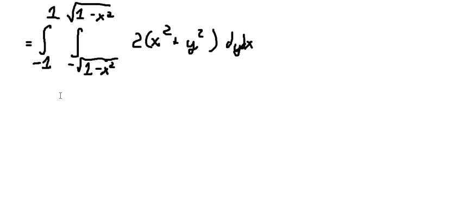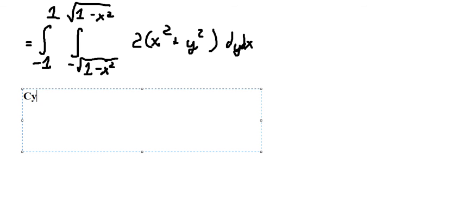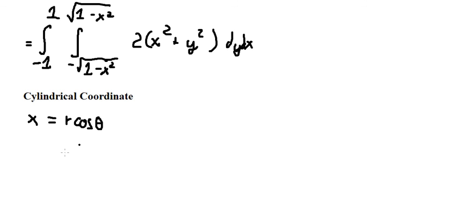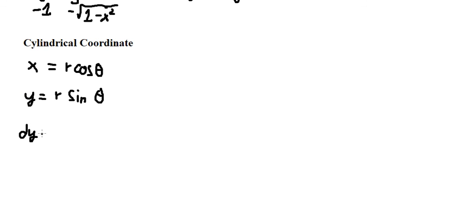Now for the next one, we need to use cylindrical coordinates. So we use x equals r cosine theta, y equals r sine theta, and dy dx equals r dr d theta.